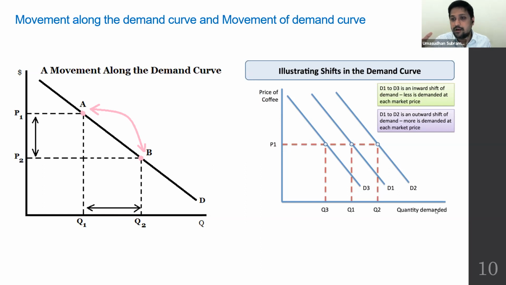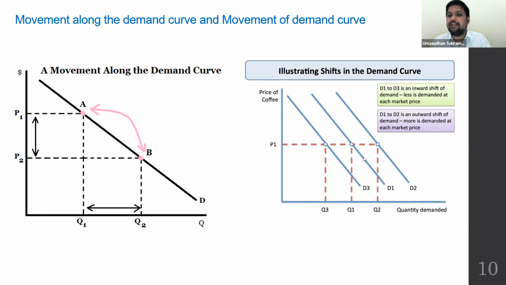But think about any other products. For example, the price of tea. If the price of tea increases, what happens to demand for coffee? Demand for coffee increases, so the curve shifts to the right because it is a non-price factor. The price of a substitute product increases, the demand for coffee increases.